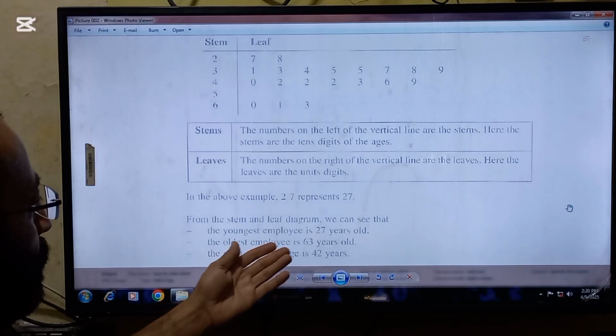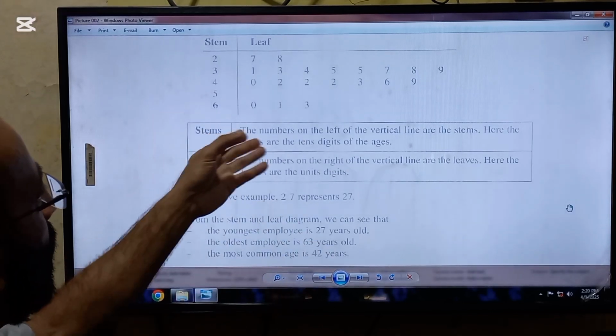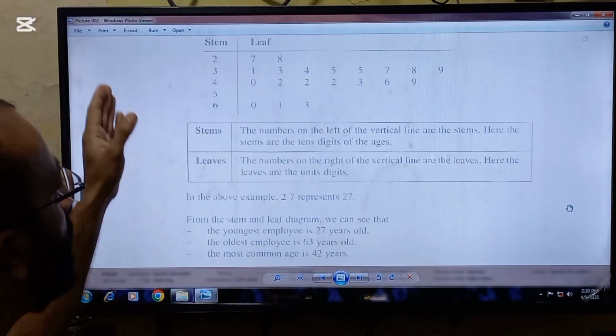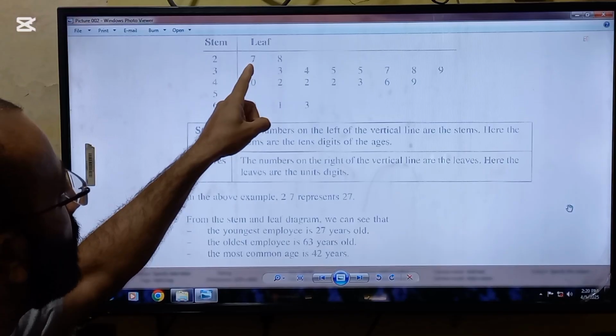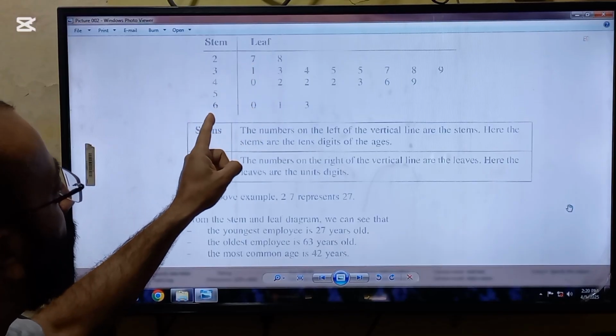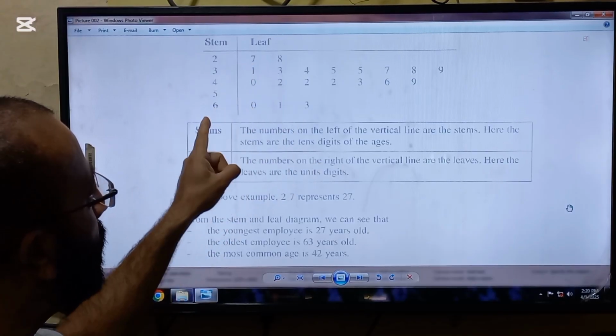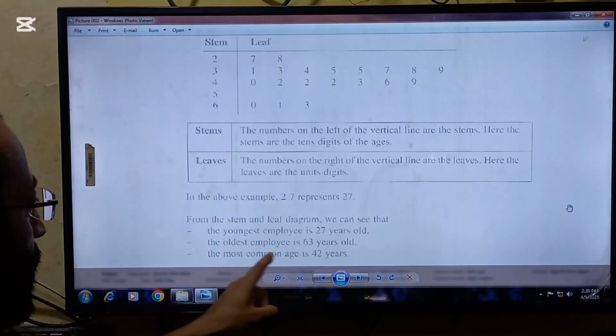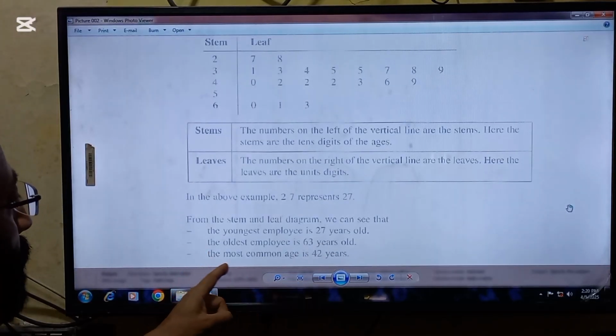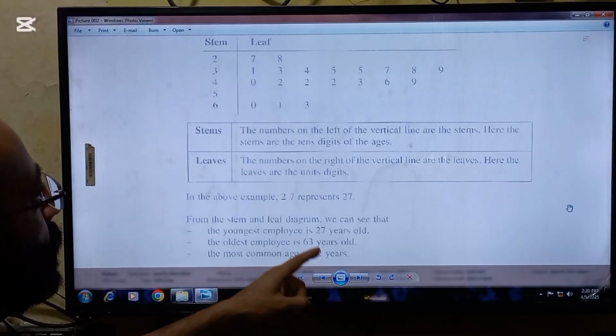Okay, the youngest employee is 27. So we can read from the stem and leaf diagram that the youngest employee is 27 and the oldest employee is 63 years old. So here is 63. The most common age is 42.